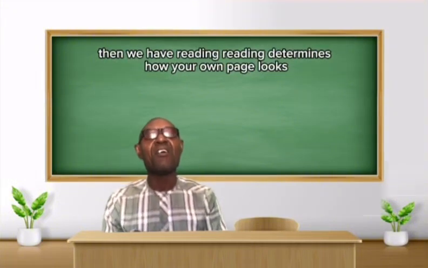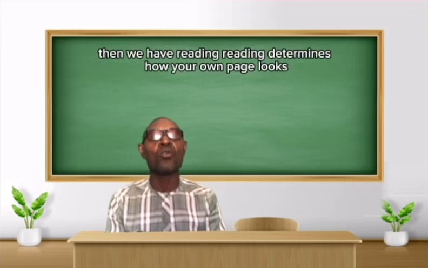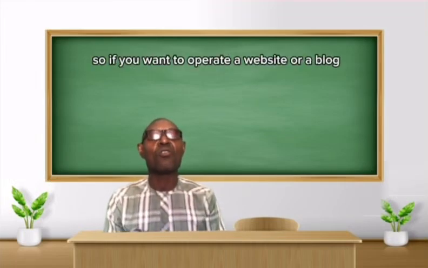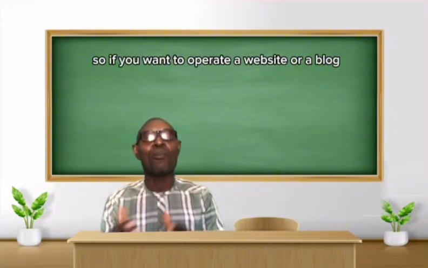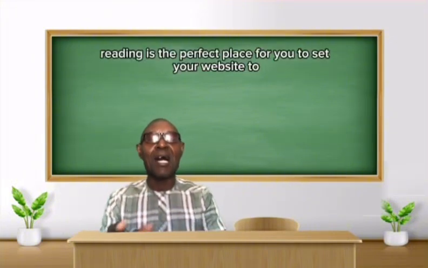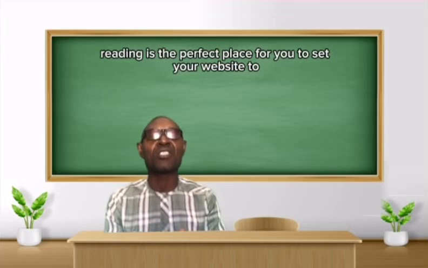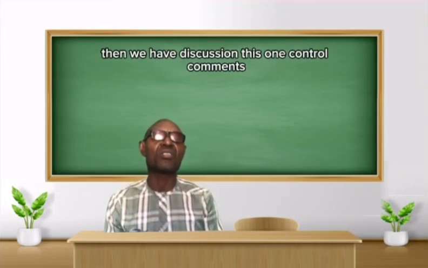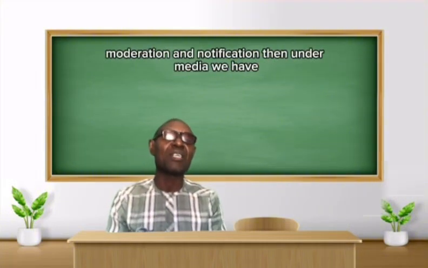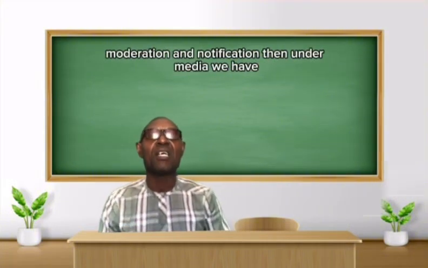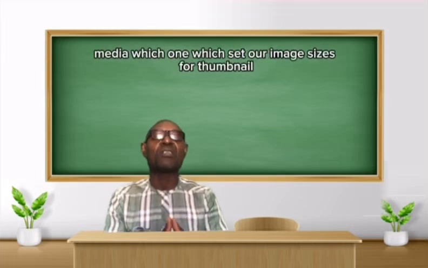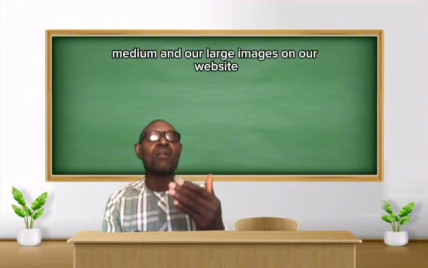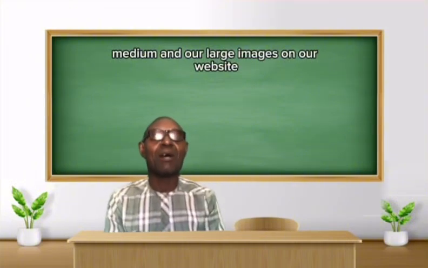Then we have Reading. Reading determines how your home page looks and how many posts appear on the blog page. So if you want to operate a website or blog, Reading is the perfect place to set your website to the one that you actually want. Then we have Discussion. This one controls comments, moderation, and notification. Then under Media, we set image sizes for thumbnail, medium, and large images on our website.